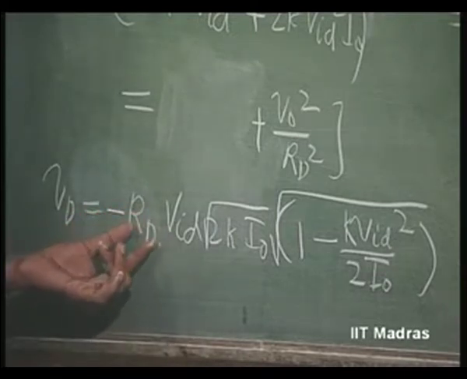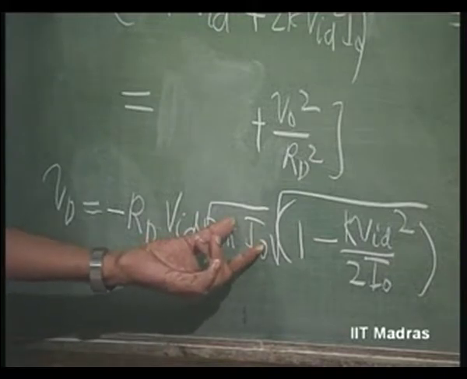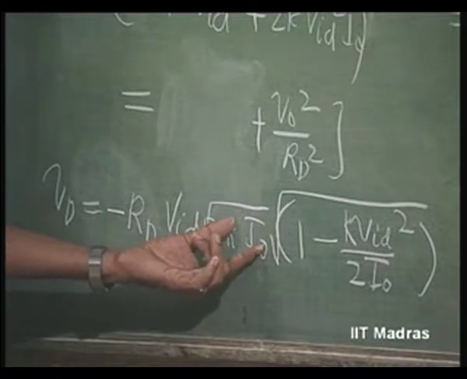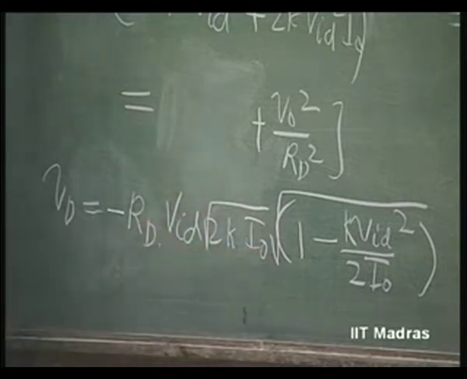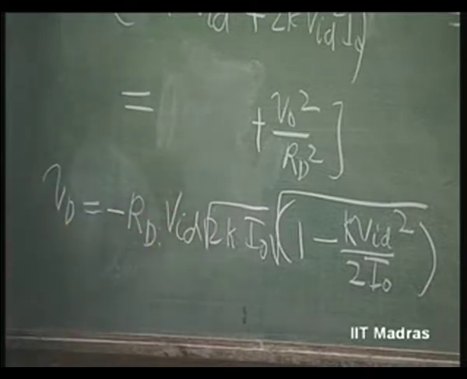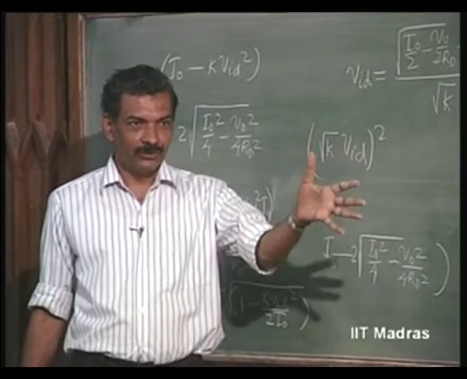this factor root of 2k I naught is nothing but what? The GM, right. If you verify, the GM of the whole thing will be this, right, GM into RD. Each of the FETs will be operating at I naught by 2, okay.